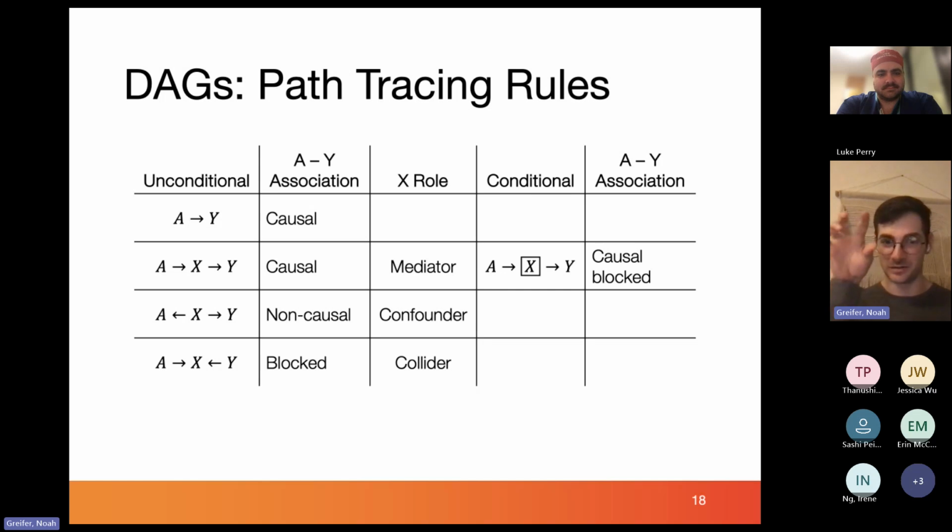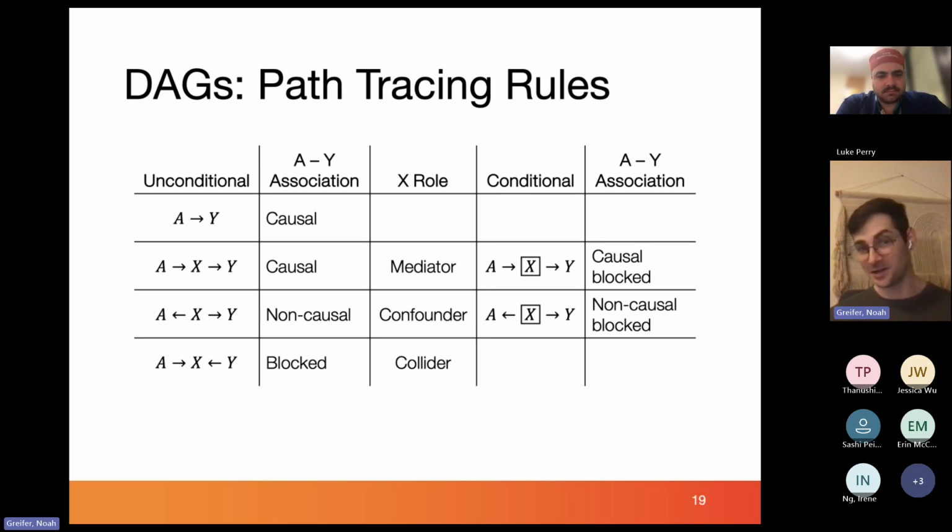So if you subset your sample just to those people based on a mediator, it will seem like there's no relationship between the cause of the mediator and what the mediator causes. But that isn't a true representation of the causal system. So conditioning on a mediator blocks a legitimate causal pathway.